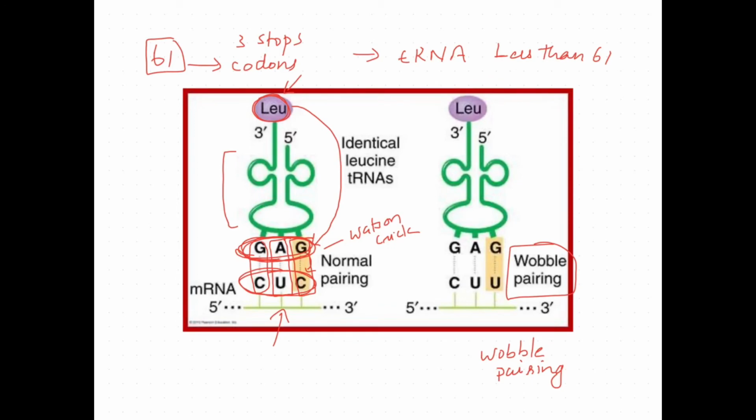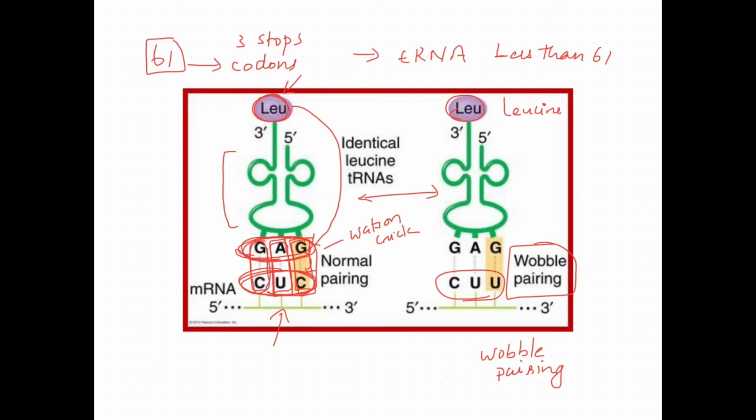Now, see the same tRNA recognizing the codons CUC as well as CUU. Both these codons represent the same amino acid, that is leucine. So the same tRNA can recognize these two codons. Let us see how. One is by normal base pairing, G to C, A to U and G to C, no doubt.